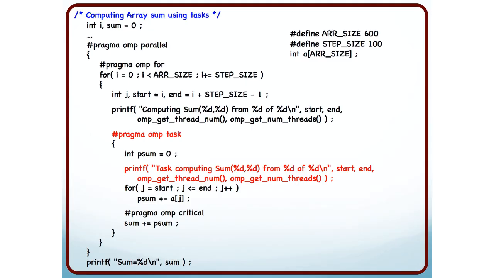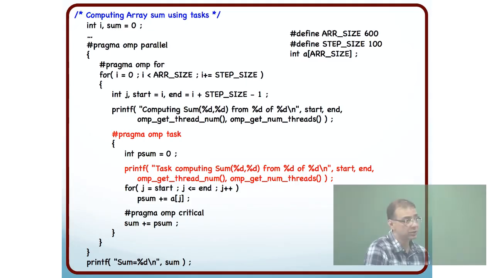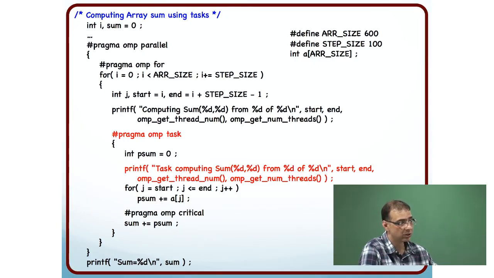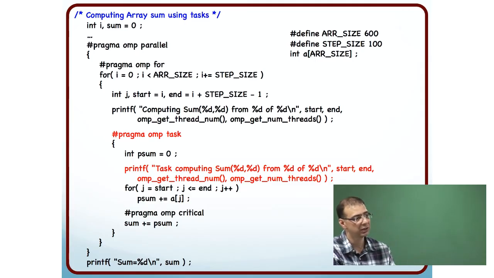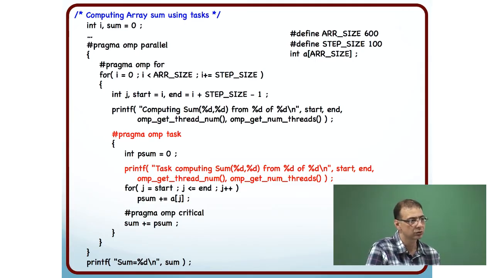You're saying that this code was executing on thread 0, which was executing on some core, right? And the data resided in its own cache or registers, and now you spawned off the task, which is getting executed on some other core, which has its own cache and registers, and therefore when it starts executing the code, it's not going to find those variables in the cache or the registers, and therefore it's going to have to load them. Yeah, that's true.